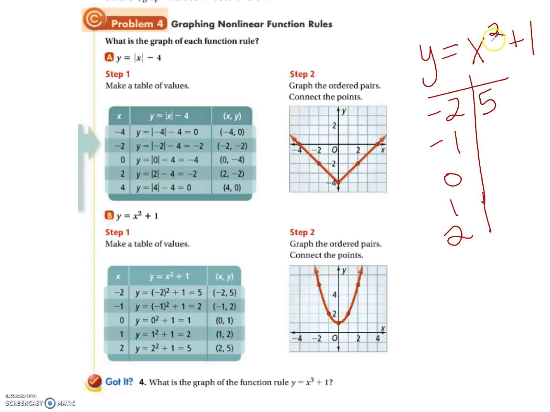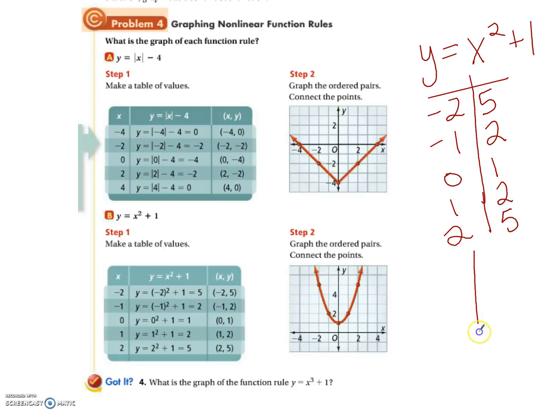Negative 1 squared, negative 1 times negative 1 is positive 1, plus 1 is 2. 0 squared is just 0, plus 1 is 1. 1 squared is 1, plus 1 is 2. 2 squared is 4, plus 1 is 5.